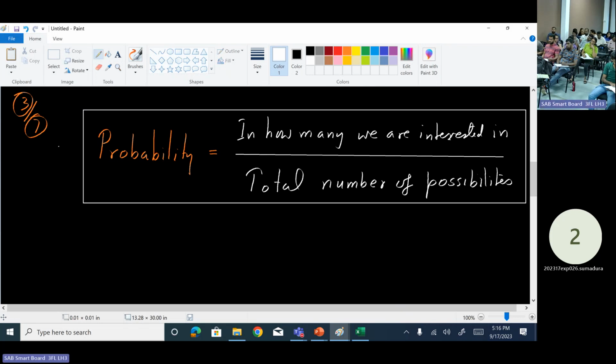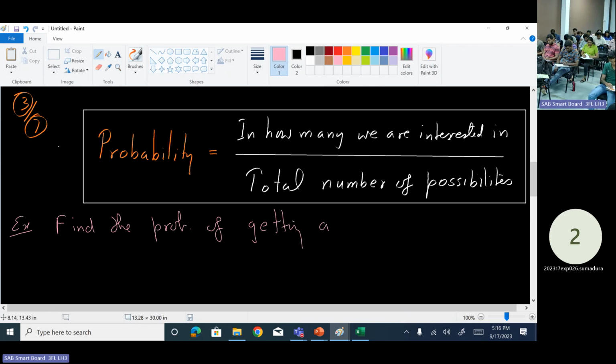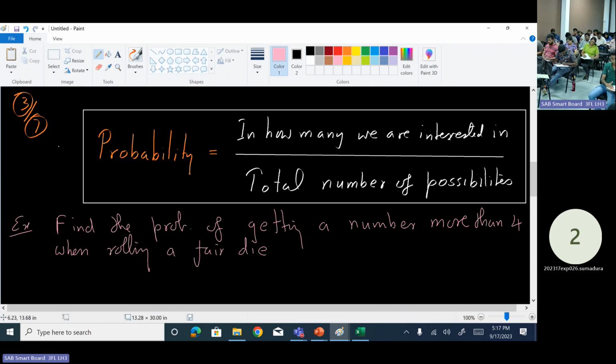So we'll take a simple example on this. Find the probability of getting a number more than 4 when rolling a fair die.